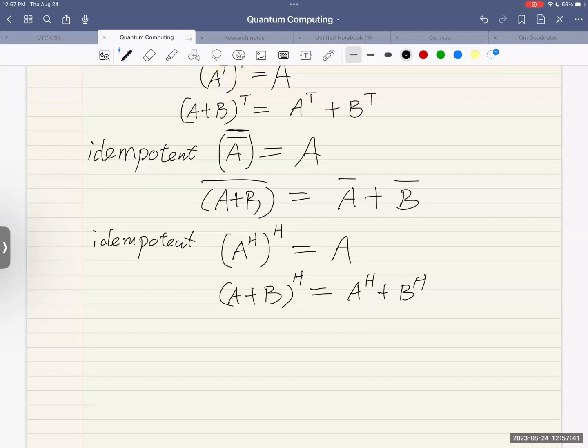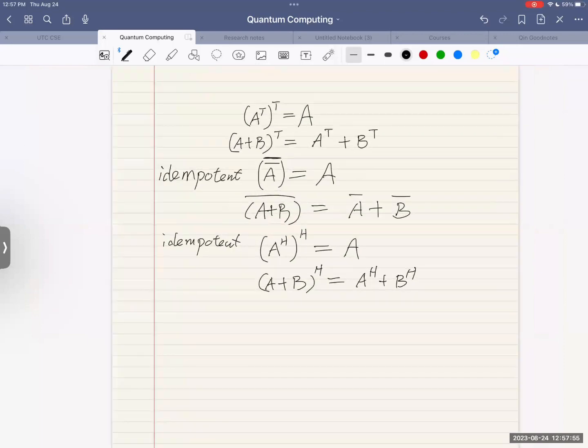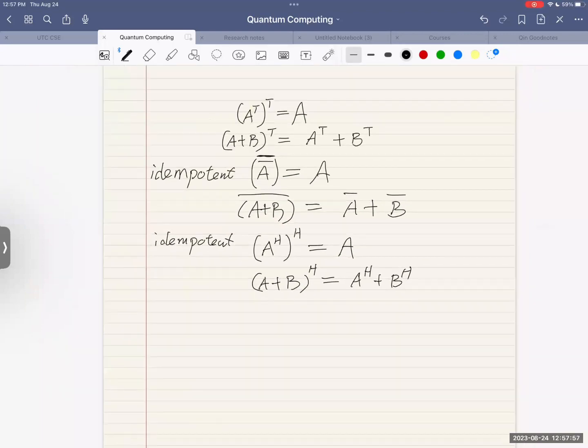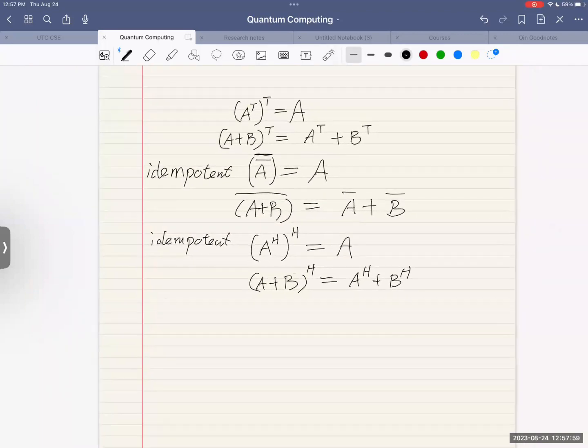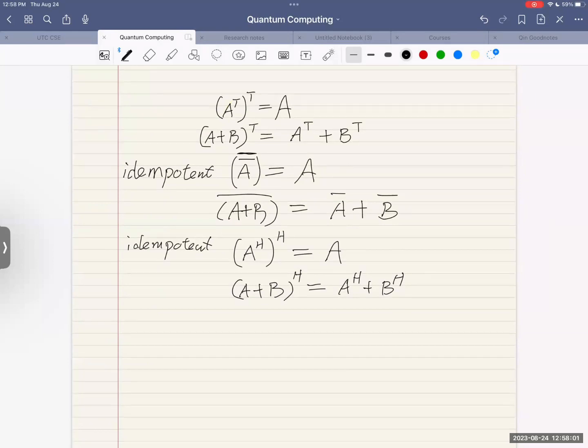Now the book goes down to the definition of matrix multiplication. Before this was what they call, I guess, the unitary operations, and now we are talking about multiplication.